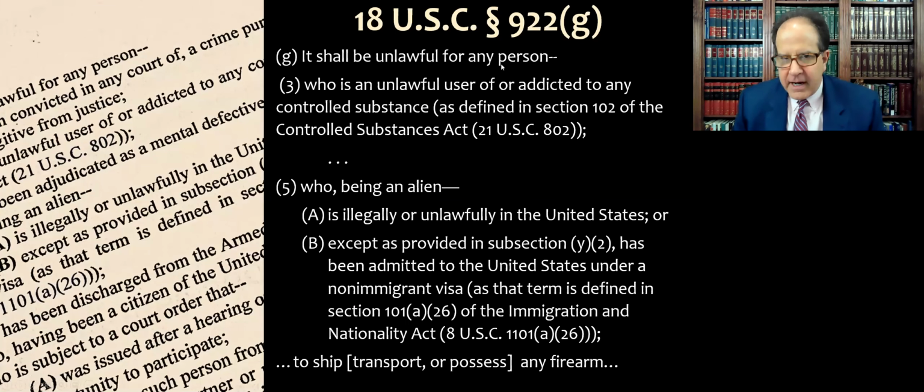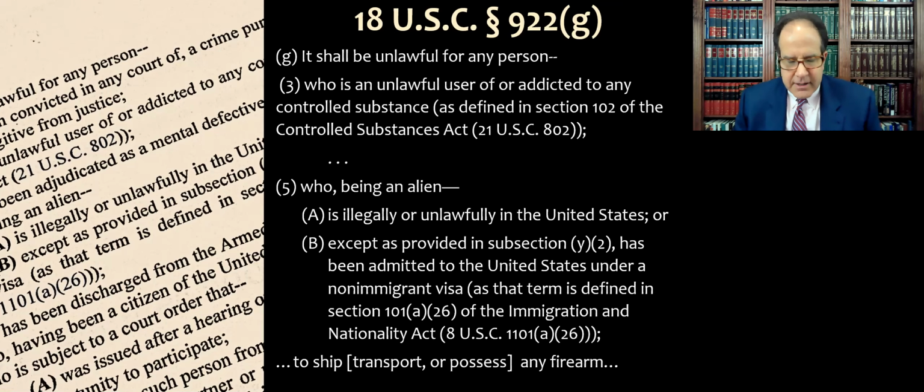Or if you look at (g)(5), it talks about aliens or immigrants not being allowed to have guns. Basically, an alien who is (A) illegally or unlawfully in the United States, or (B) except as provided in subsection (y)(2) of this section, has been admitted to the United States under a nonimmigrant visa, as that term is defined in section 101(a)(26) of the Immigration and Nationality Act.